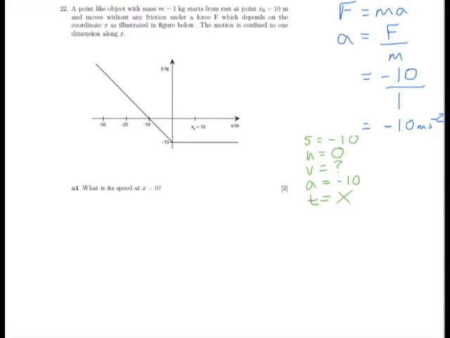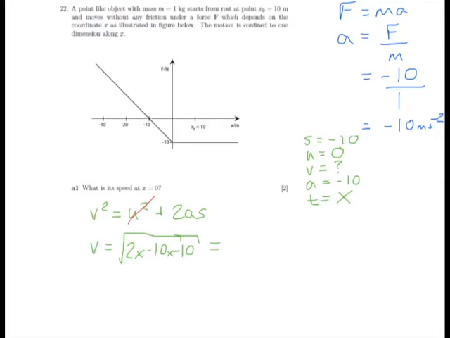So the equation we need to use here is going to be v squared equals u squared plus 2as. We can immediately forget about u squared because that's equal to 0. So we're going to get v equals the square root of 2 times minus 10, which is our acceleration, times minus 10, which is our displacement.